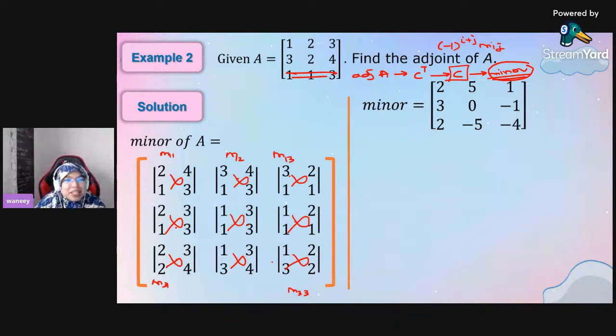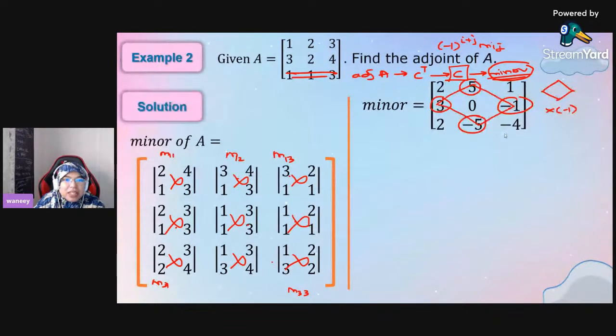You need to draw a diamond shape, or rectangle, whatever you call it. Diamond, I guess, if it is shaped like this. Draw a diamond. For the diamond positions, you times them with -1. Then you can get your cofactor easily.